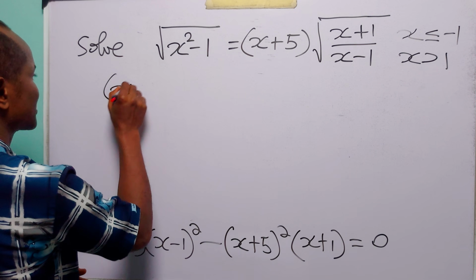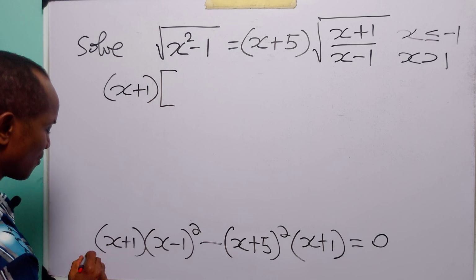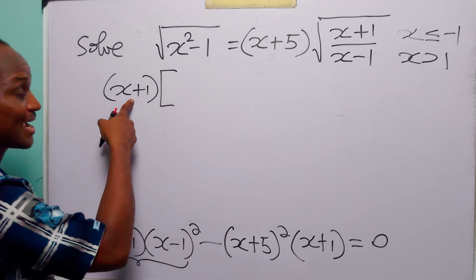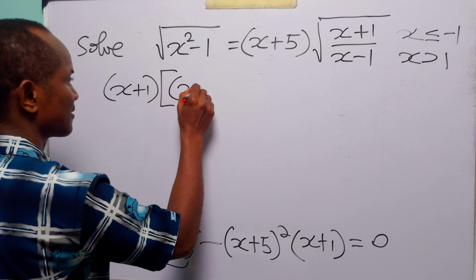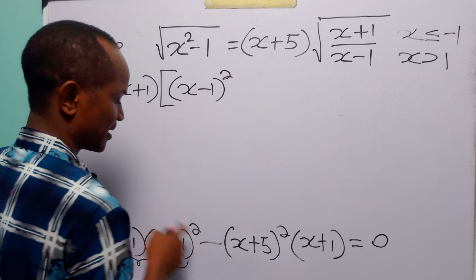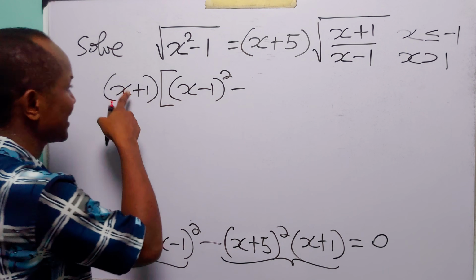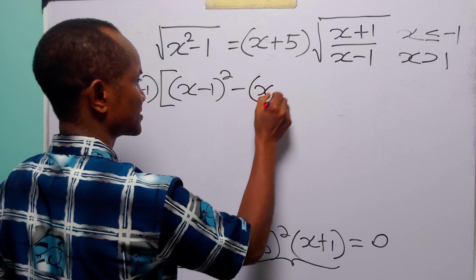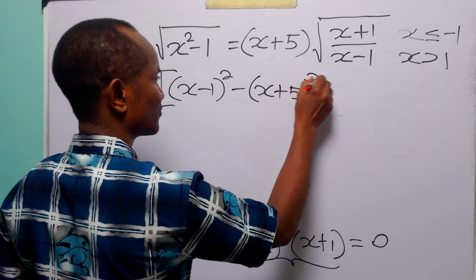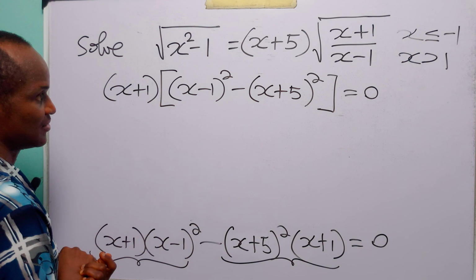We have x plus 1 into, when you divide this by x plus 1, you are left with x minus 1 squared. When you divide this by x plus 1, you are left with x plus 5 squared. And of course, this is equal to 0.